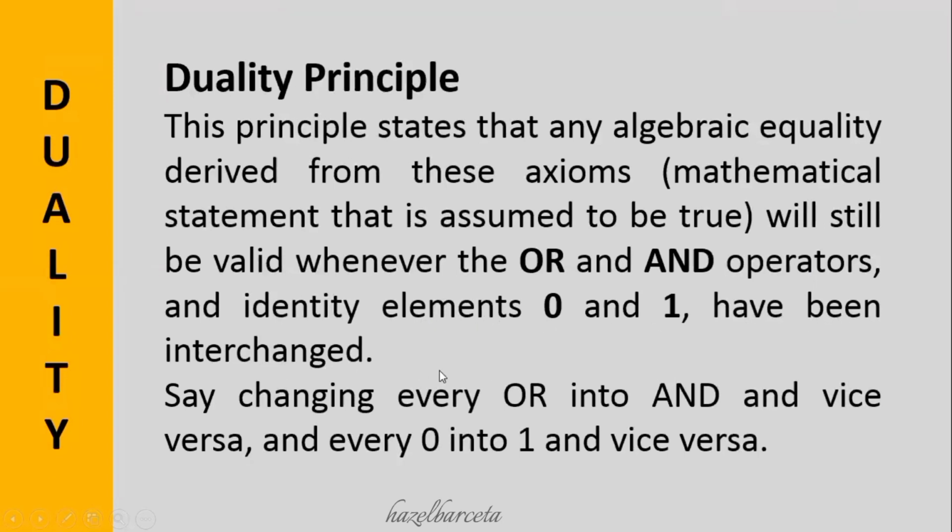So sa dual daw po, pagpapalitin lang po natin ang OR and AND and vice versa, and 0 into 1 and vice versa. So magpapalit lang po ang ating operation at yung elements.